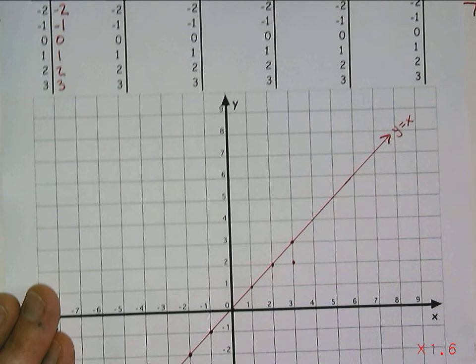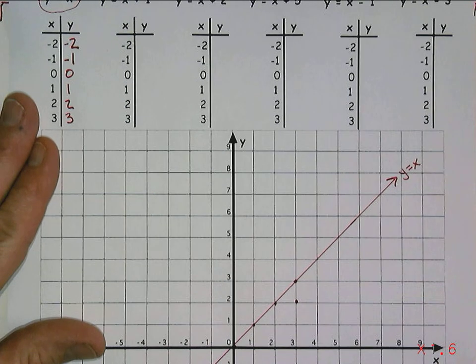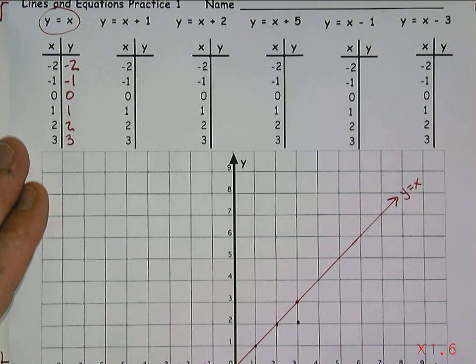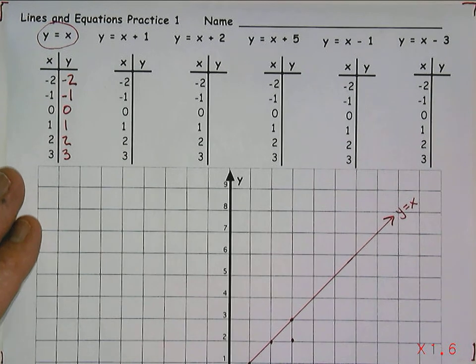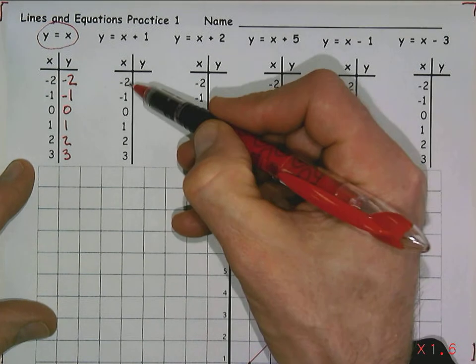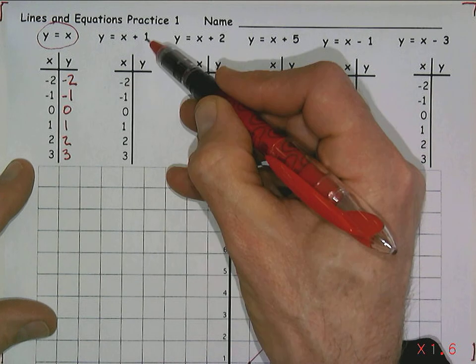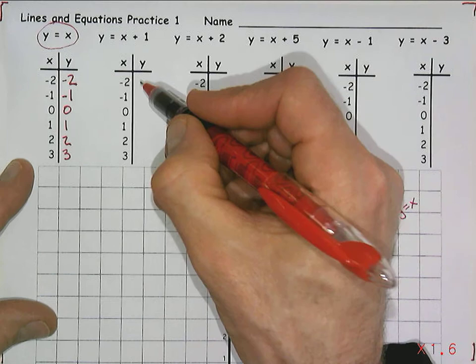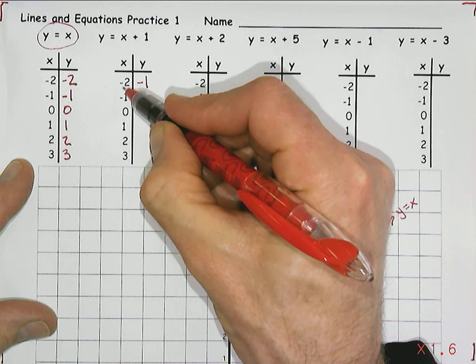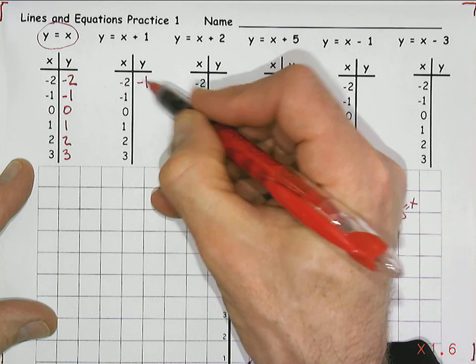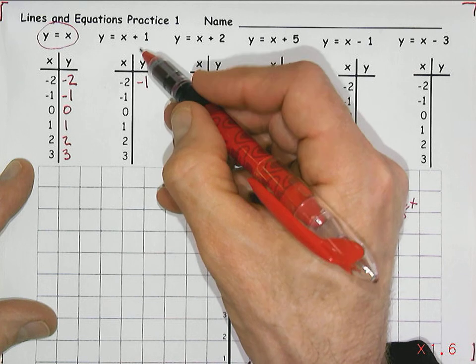Then if I go to the next equation, y is equal to x plus 1. So whatever the value of x is, if x is negative 2 and I add 1 to it, that becomes negative 1, because a positive 1 and a negative 2 added together make negative 1.